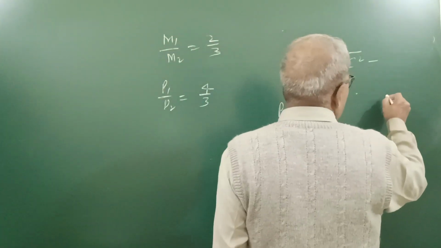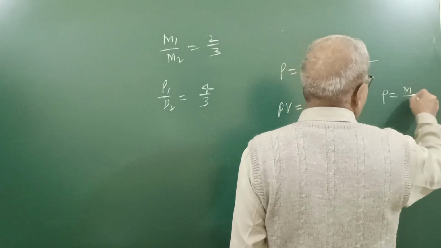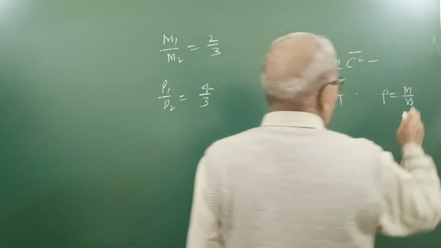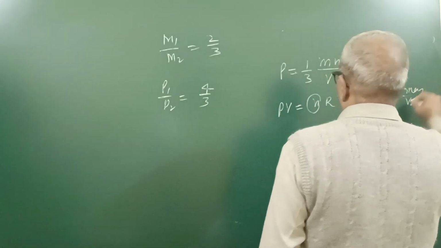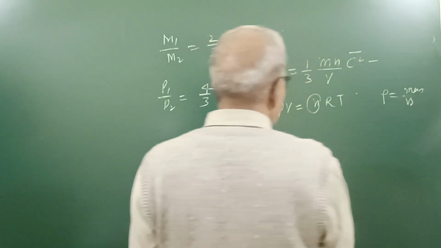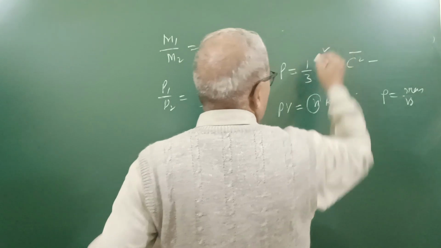So density, rho, is mass upon volume. So we have to think of mass upon volume, not this.